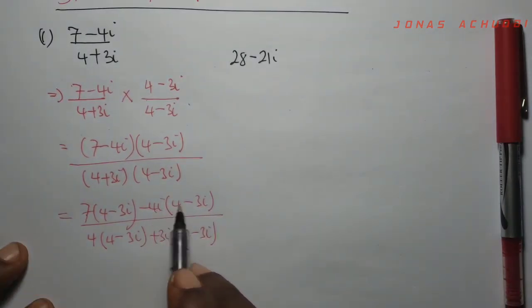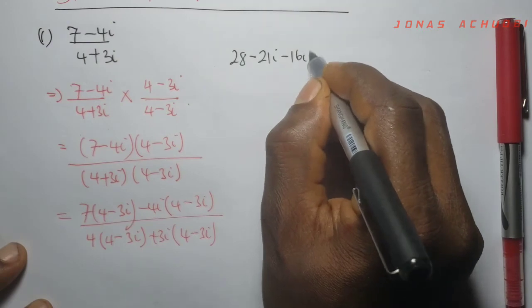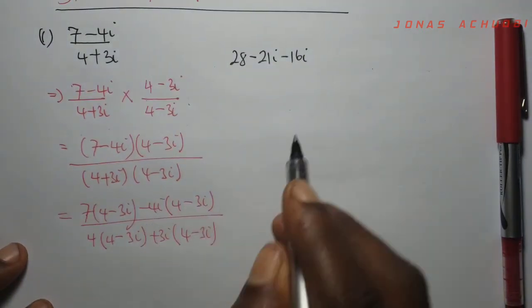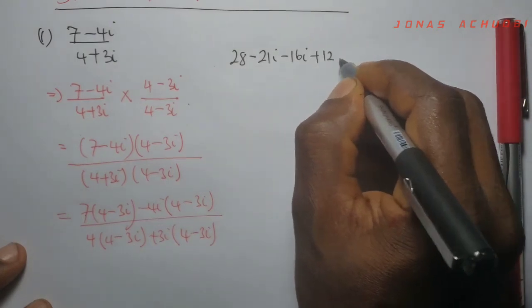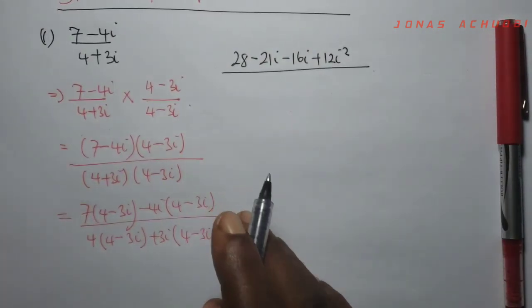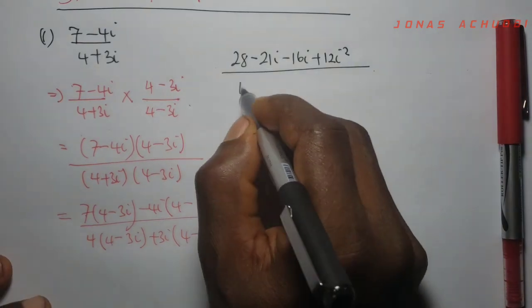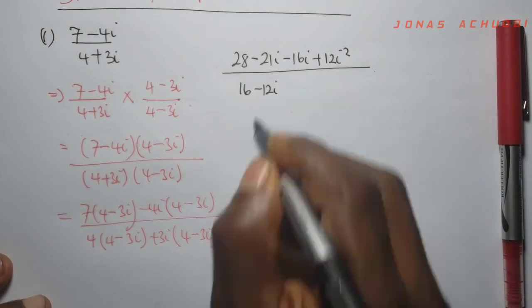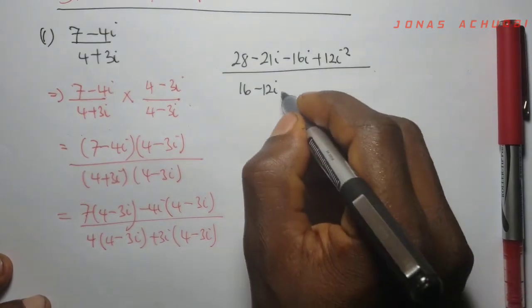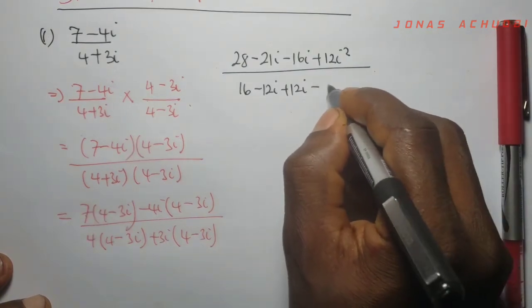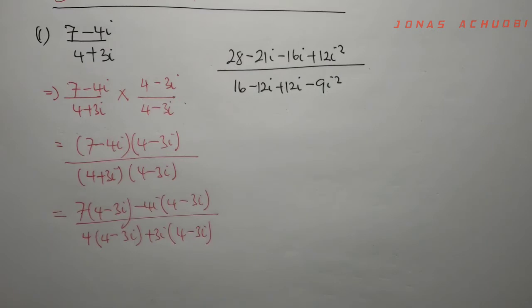Minus 4i times 4 is negative 16i. Then minus 4i times minus 3i is plus 12i squared. That's for the numerator. Divided by 4 times 4, which is 16. 4 times minus 3i is minus 12i. 3i times 4 is plus 12i again. Then 3i times minus 3i is minus 9i squared.